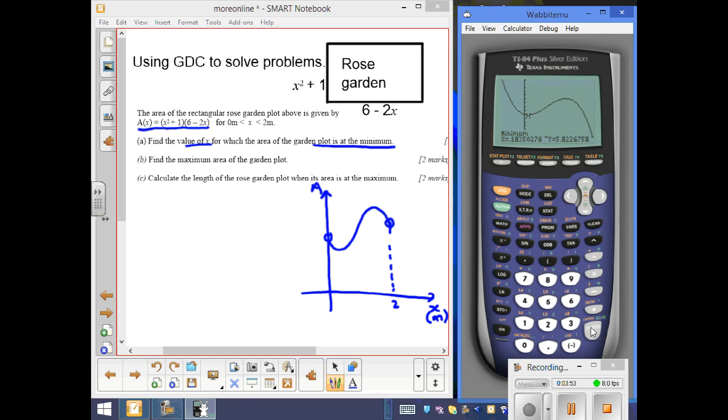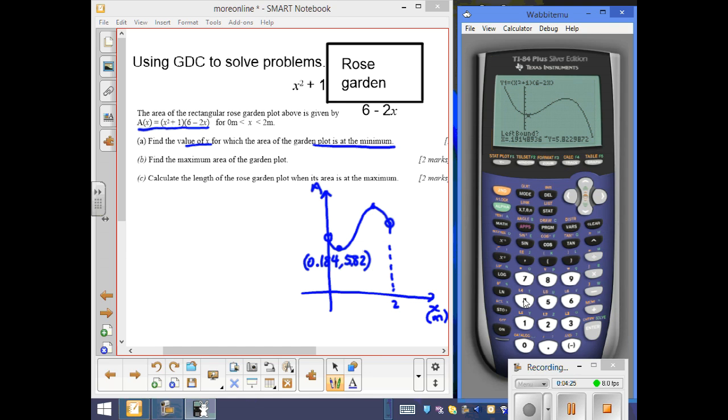All right, so this is my minimum. The answer here is about 0.184 to 3 significant figures and 5.82.